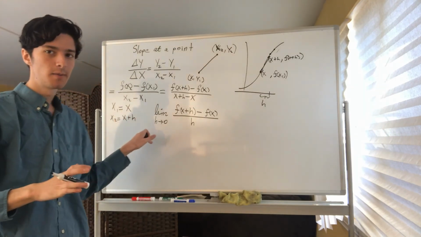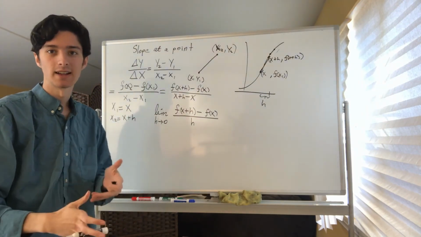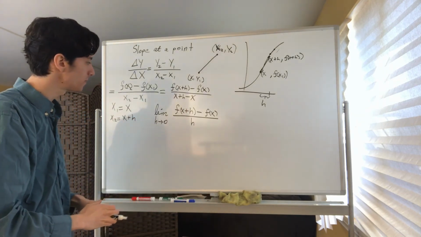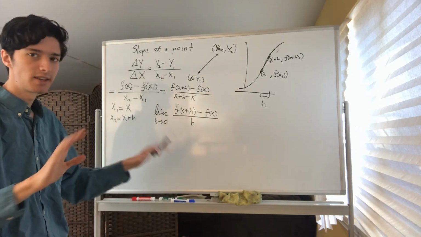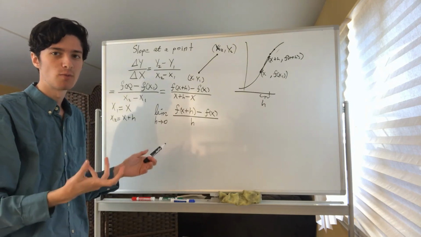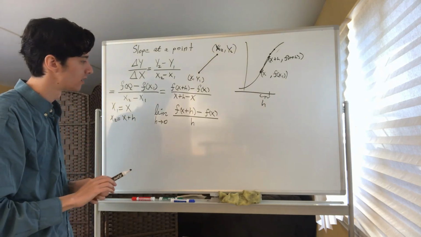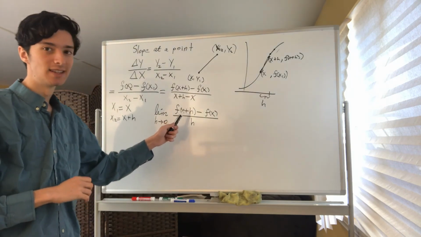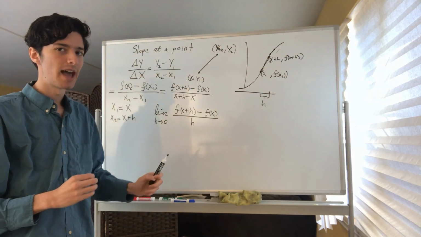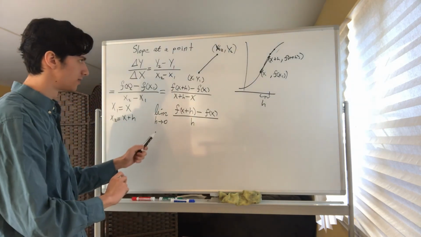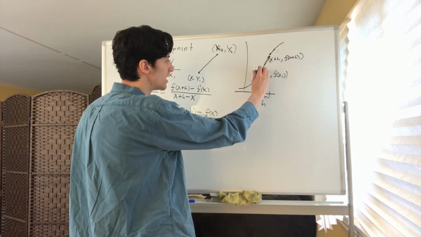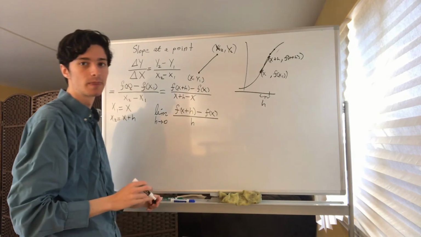And to be clear, it can approach 0 from either side, so h can be really small positive or really small negative. Essentially this is saying that it's the slope between 2 points, and h is the distance between those 2 points. And it's saying what is the limit as that distance becomes smaller and smaller. So essentially we get to the tangent line that we want to get to.